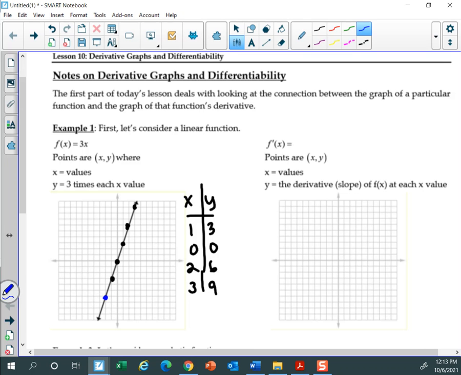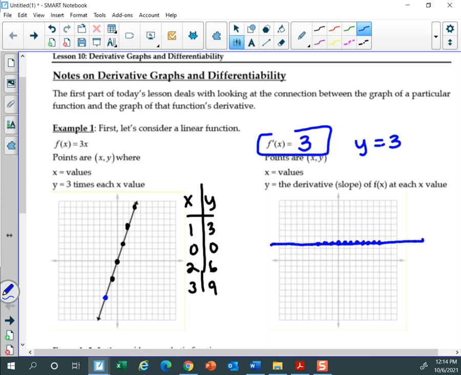1, 2, 3. Okay. So if f of x is 3x, the derivative of 3x is just 3. When I graph the derivative, y equals 3, I get something that looks like this. At every x value, the y value is representing the derivative of f at that particular x.